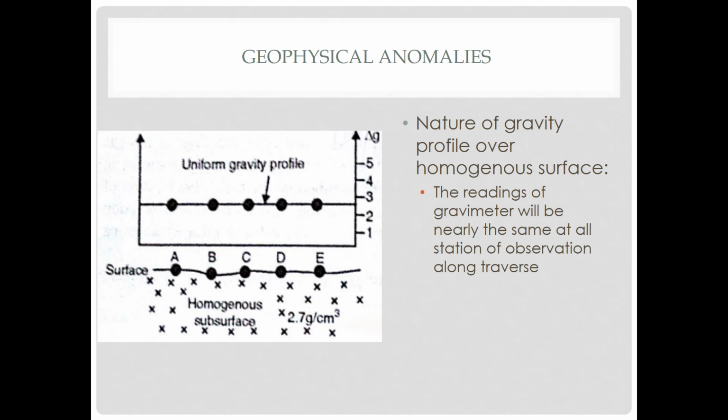The readings of the gravimeter will be nearly the same at all station observations along the traverse. As you can see in the graph, the change in gravity reading will be almost the same. Hence we have a horizontal profile. This is what we call the uniform gravity profile.